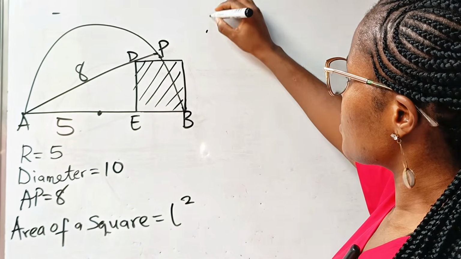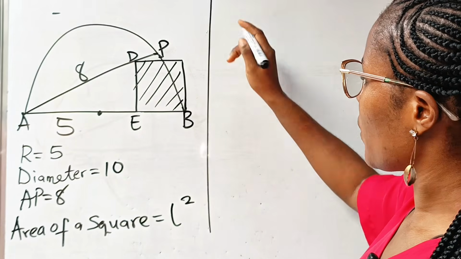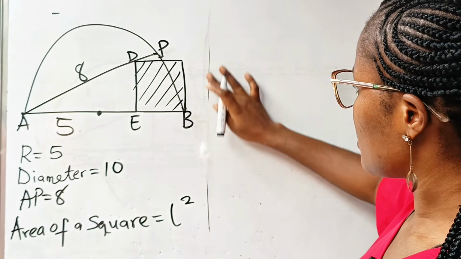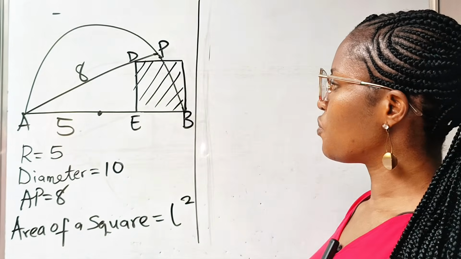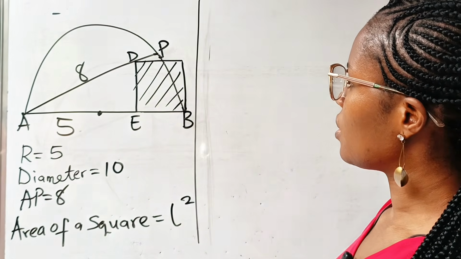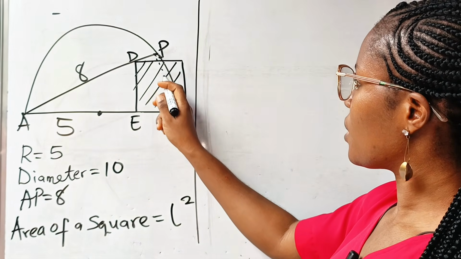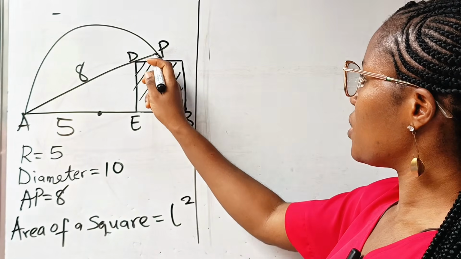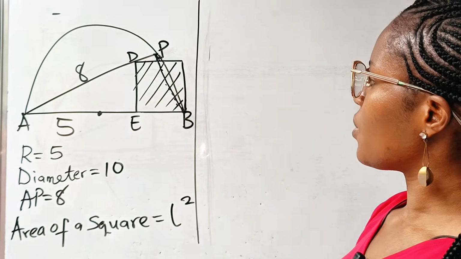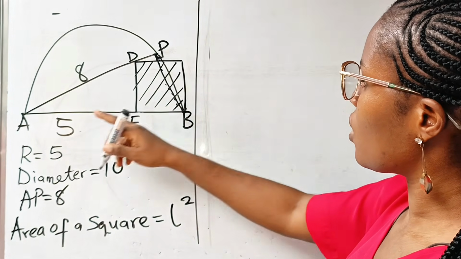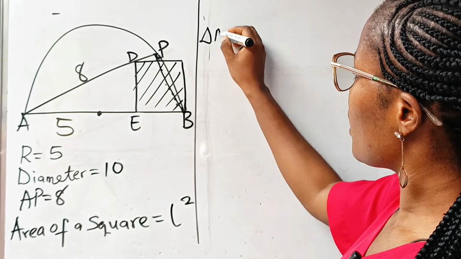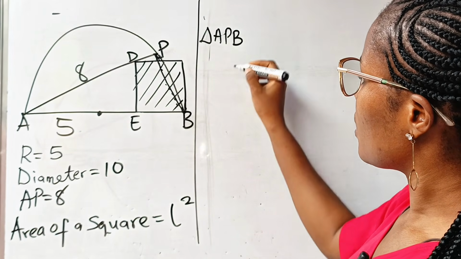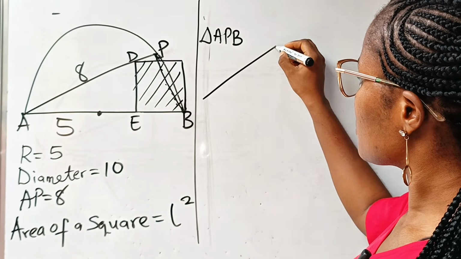Now we can do that in many ways, and this is the way I think is the easiest and better way. If we join P to B, like this, we form a triangle APB.